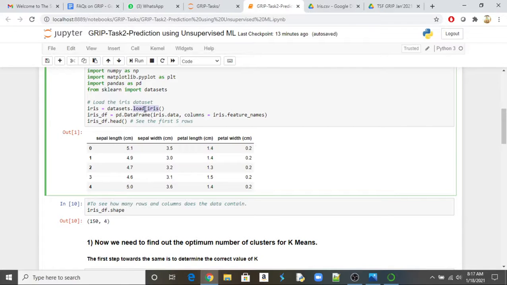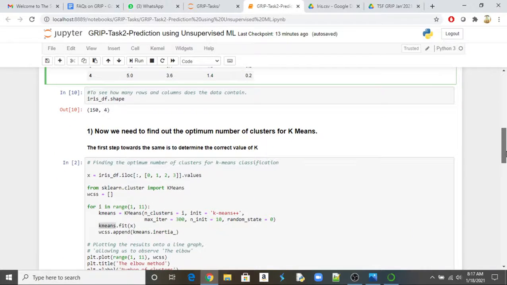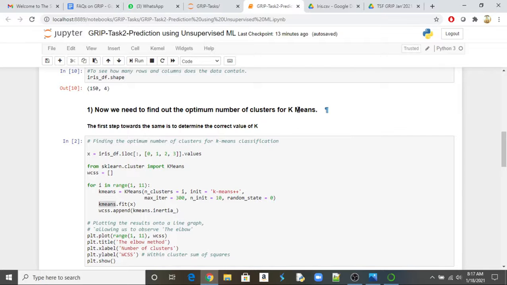I took the data portion separately and the feature names as columns: sepal length, sepal width, petal length, petal width. Using this information, we have to run our clustering algorithm. I have used the k-means clustering algorithm.